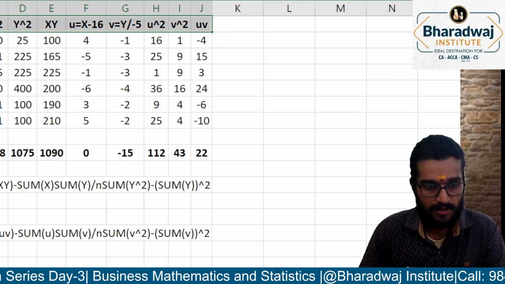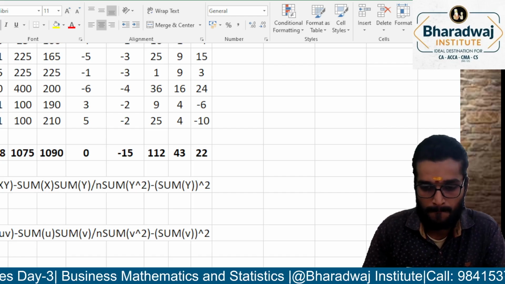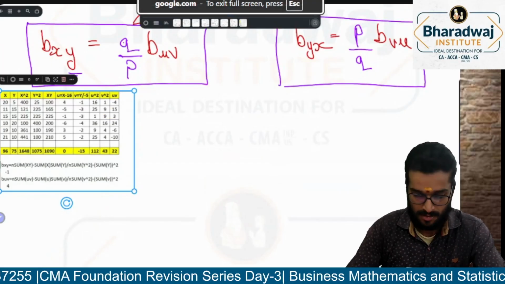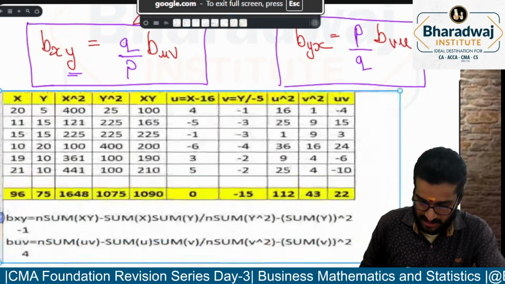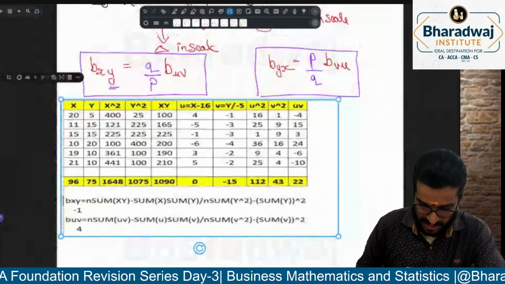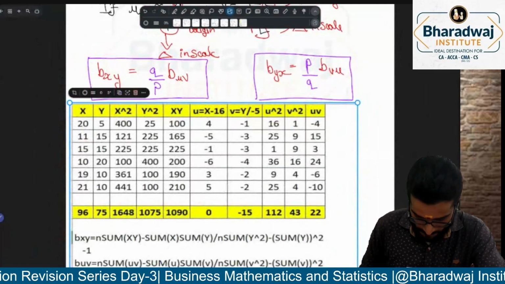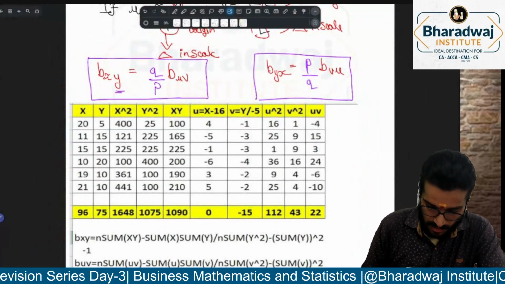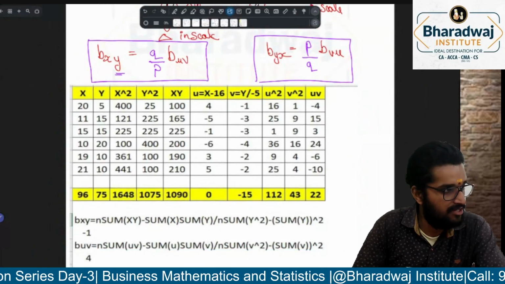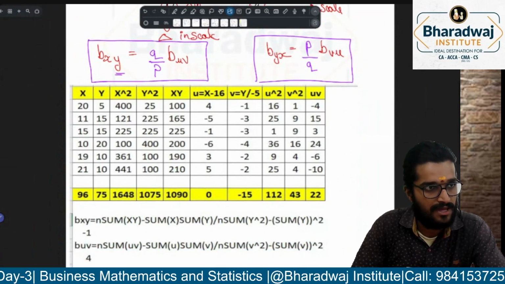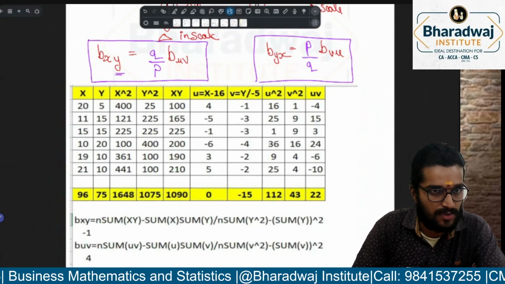Wait. We had a discussion on one problem to understand change in scale and change in origin. Let me take that problem into my sheet itself. Here I took a random value of x, a random value of y, x square, xy. So I found the value of bxy.